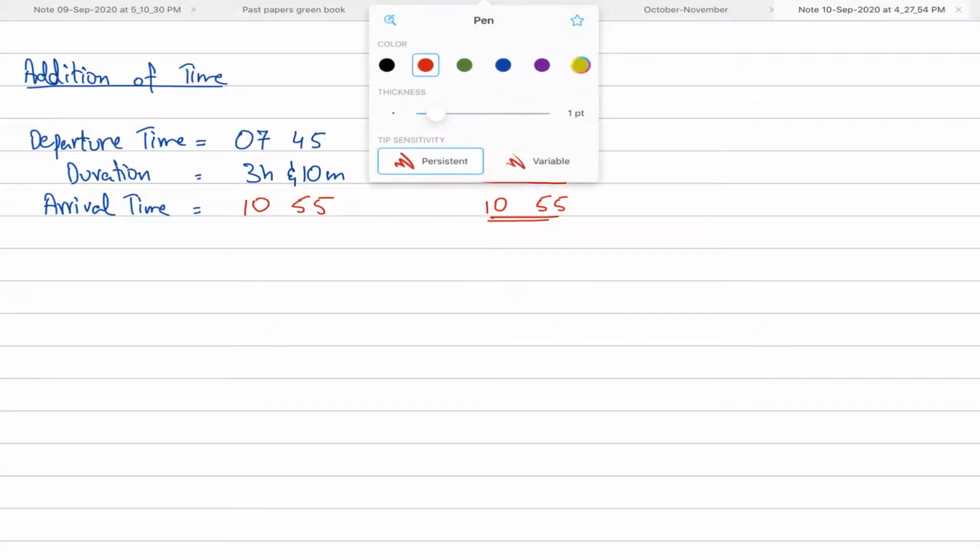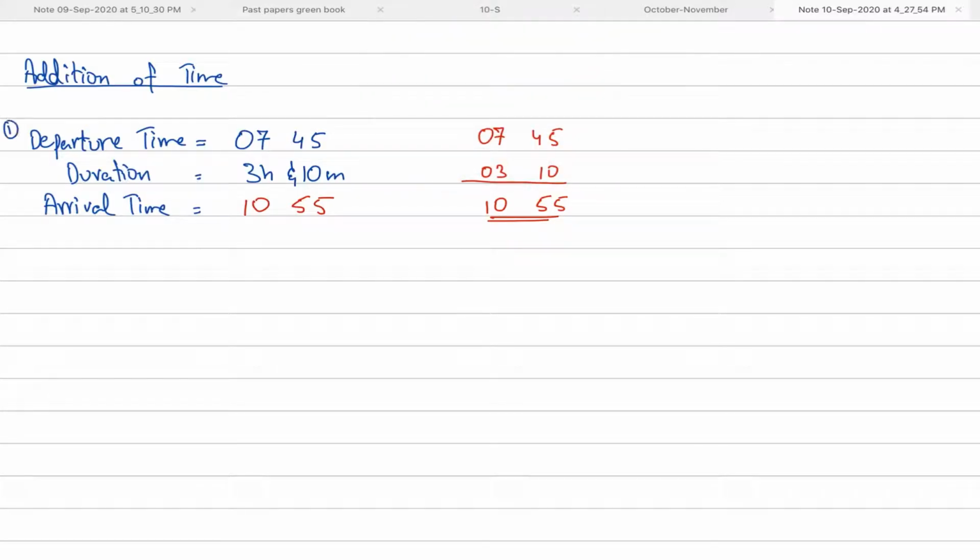Now there are a couple of things that can happen when you're adding time. Let's find out. Let's say that you are boarding a flight and the departure time is 18:50.